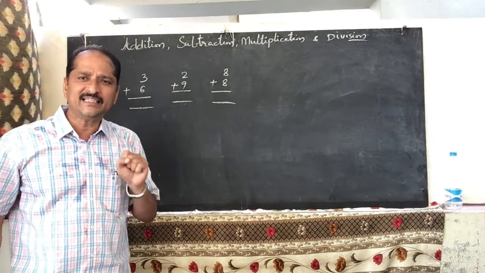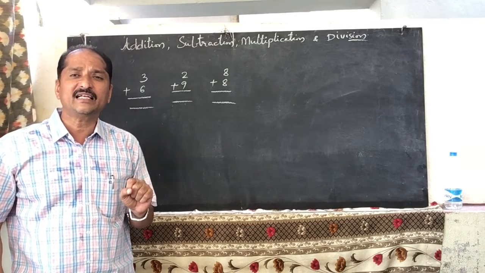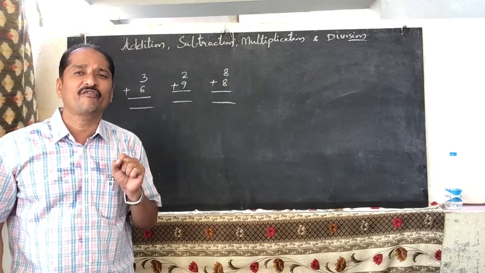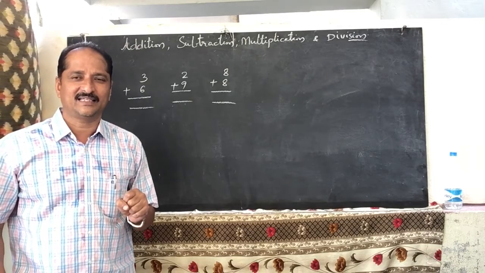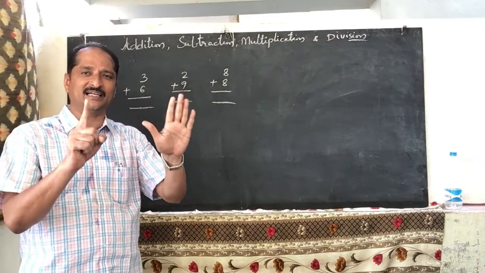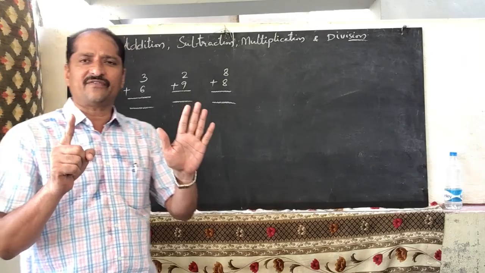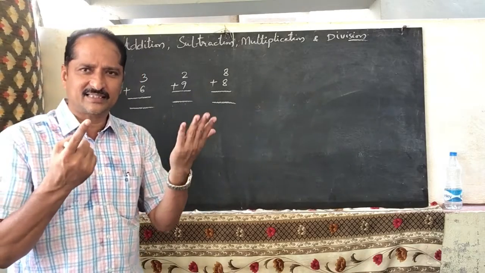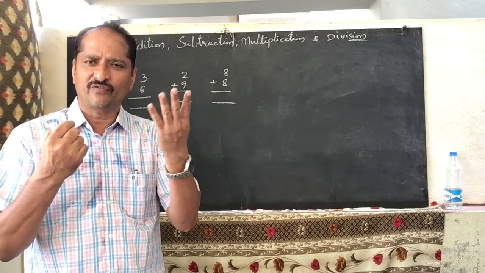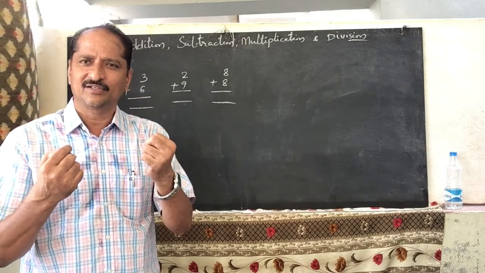Here, in the first step, we have to take the second number of fingers. What is the second number here? 6. So take 6 fingers and count after 3: 4, 5, 6, 7, 8, 9. Understood?